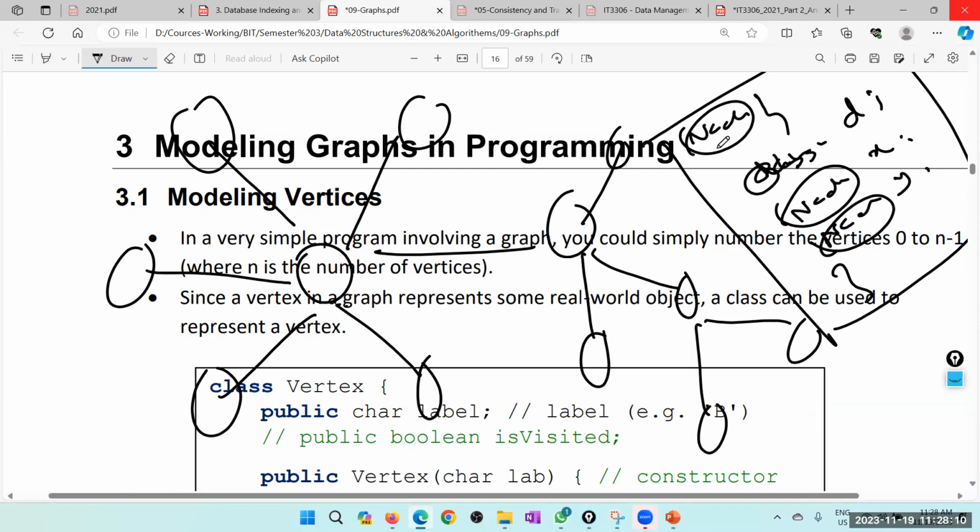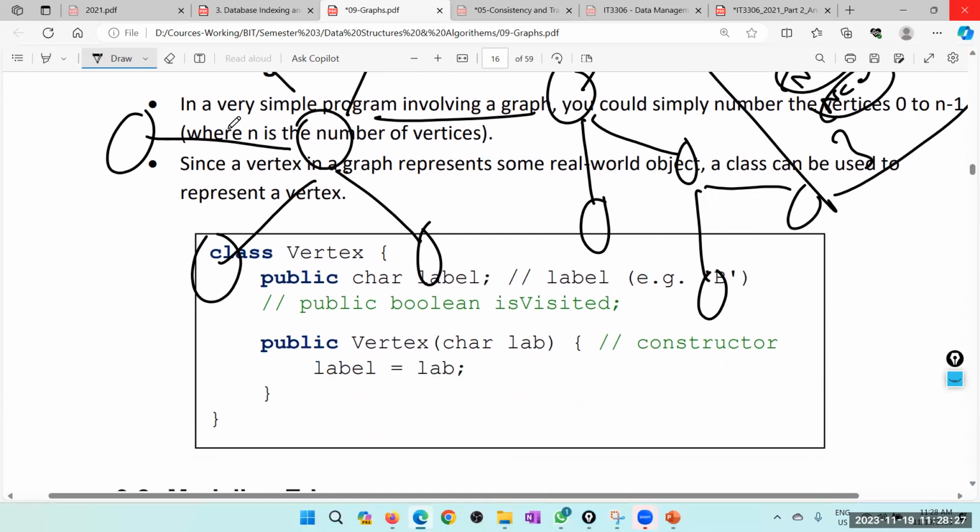So therefore, we don't use that approach. When modeling graphs, we use a different, more general approach.